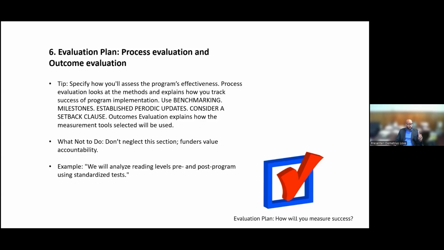There are two evaluations that you need to make sure you have written out: your process evaluation and your outcome evaluation. Your process evaluation looks at your methods and explains how you track success of program implementation. Here are some uses. You can create benchmarks and milestones.